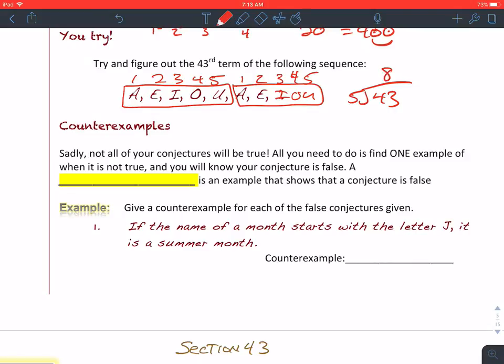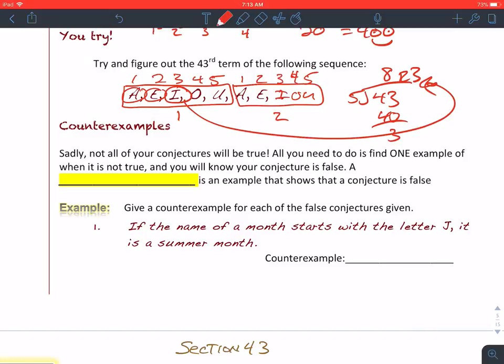It goes 8 times. We have a remainder of 3, which means we're going to have 8 groups of these 5. When we get to the 9th group, we're going to pick the first, second, third one, since the remainder is 3, and that's going to tell us which term the 43rd is going to be. So in this case, the 43rd term is going to be I.